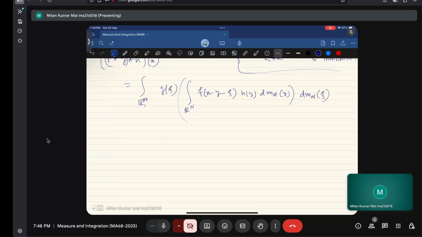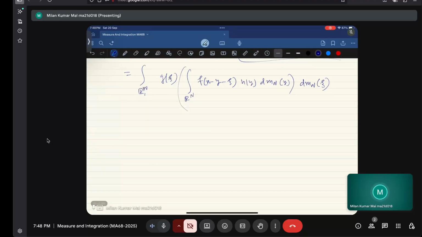Now using the translation invariance thing, what we'll get? We have started with f star g star h. I want to get f star g star h. So for this, if it is at the point x, first it has to be f at the point x minus y, g star h at the point y.